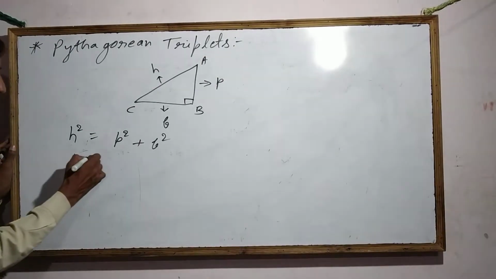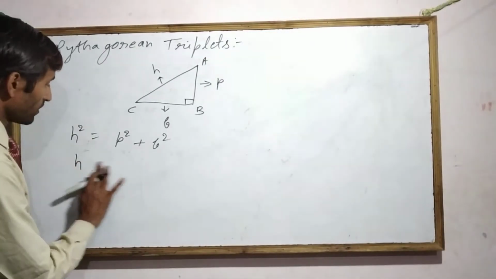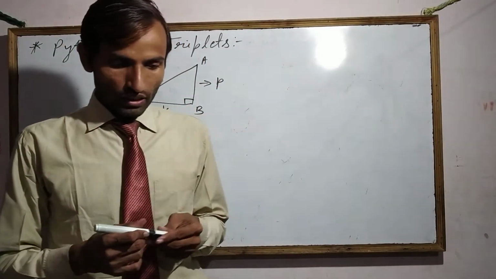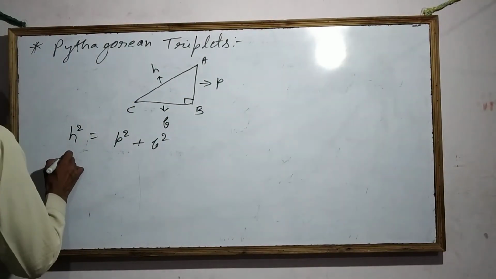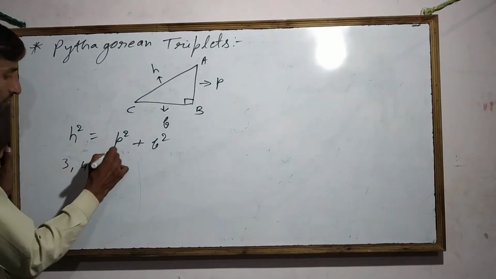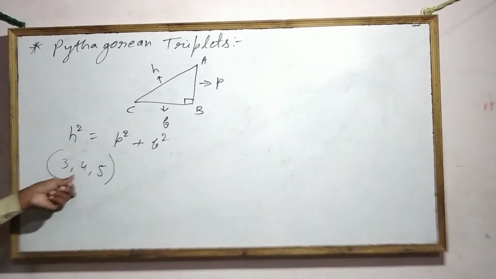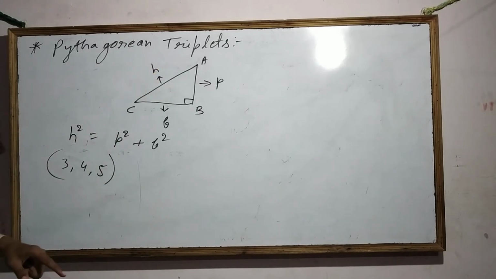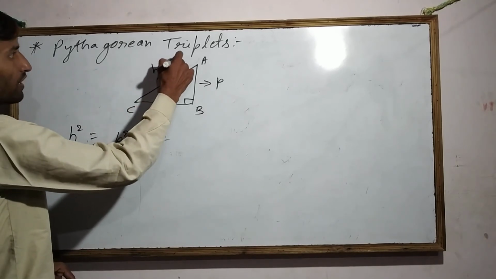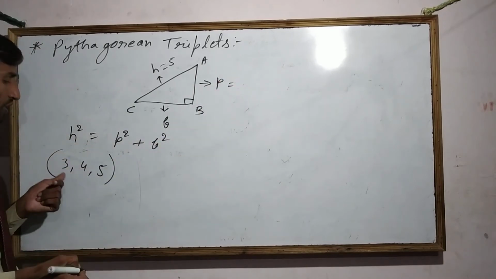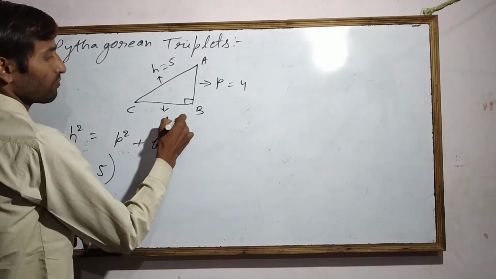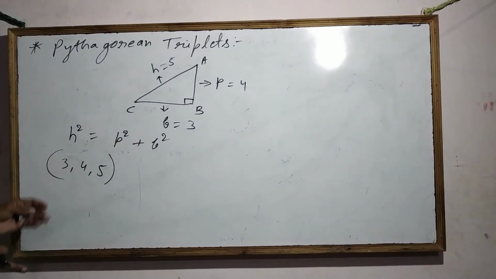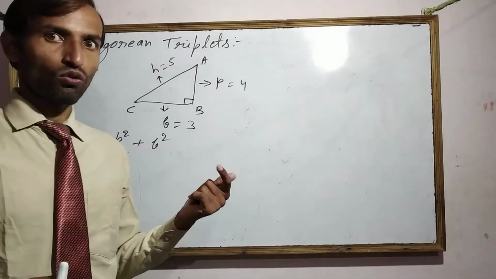If three numbers are given, say 3, 4 and 5, and you put them in this triangle, the greatest, 5, will be the hypotenuse, and for the perpendicular you can put 4 or 3, either one. So 4 will be the perpendicular and base 3.